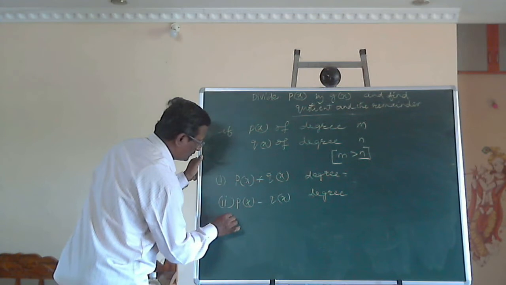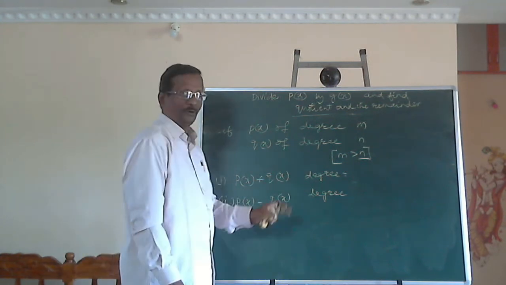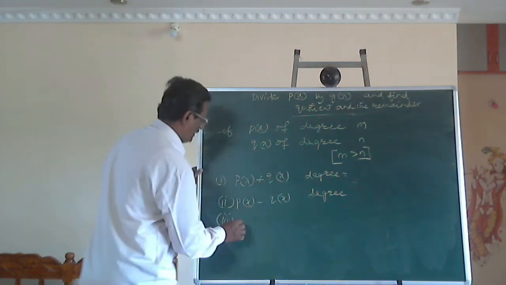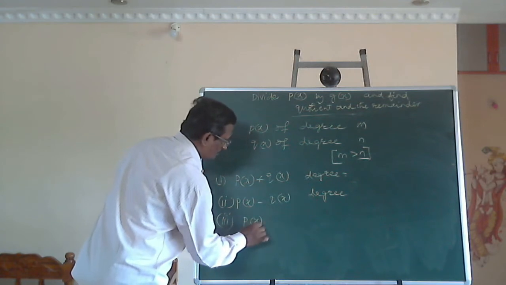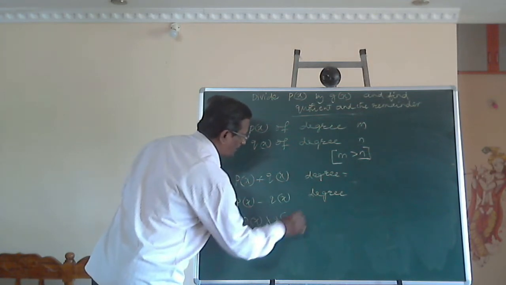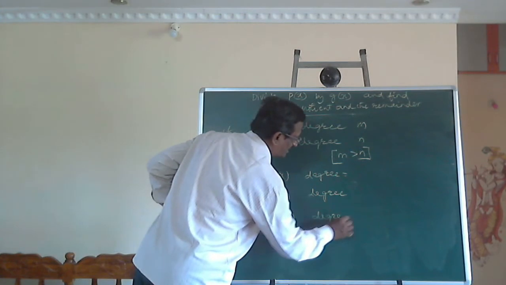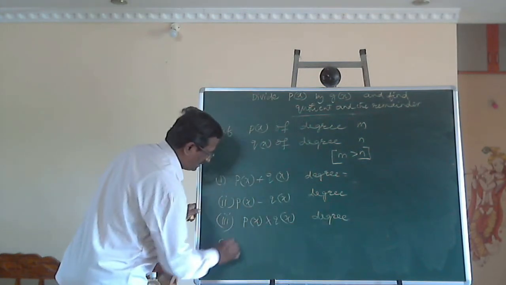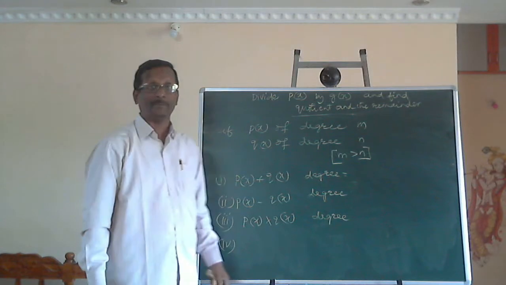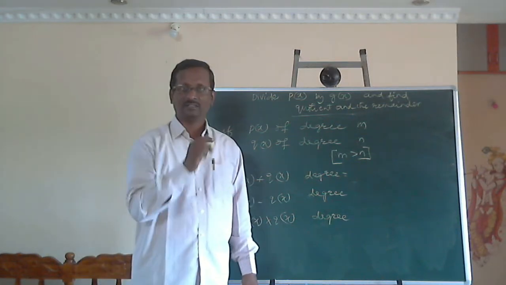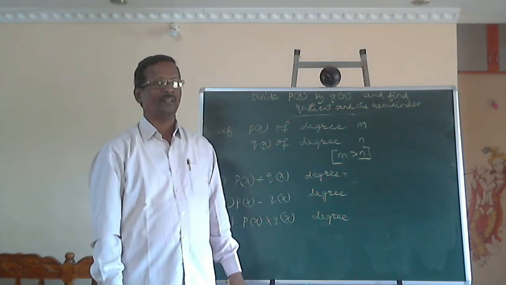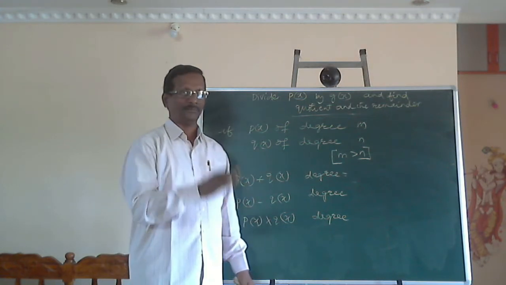Again, third bit. The product of two polynomials is also always a polynomial. So Px into Qx is also a polynomial. What is its degree? Now the fourth one is, when a polynomial is divided by another polynomial, the result need not be a polynomial. Means sometimes a polynomial, sometimes not.